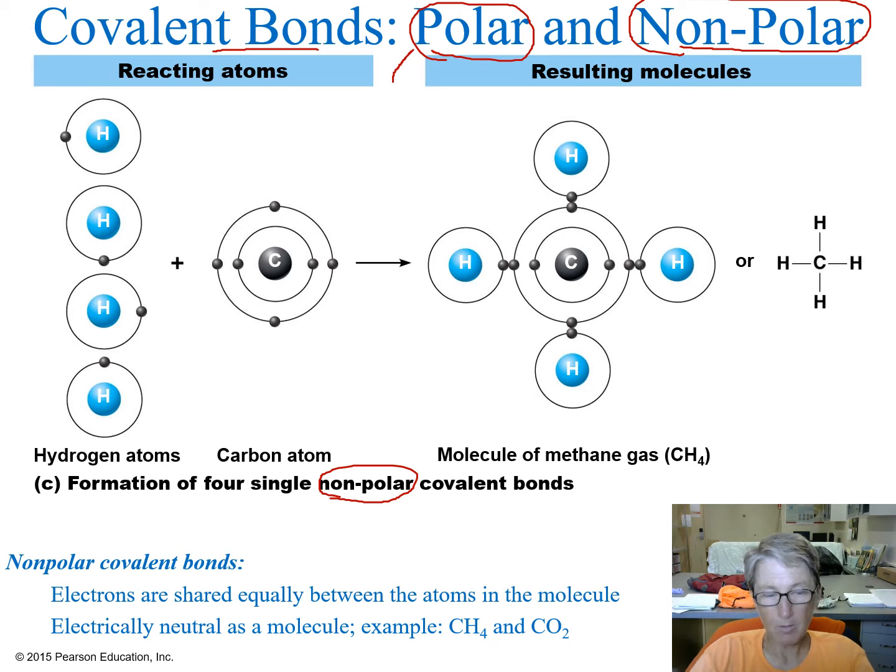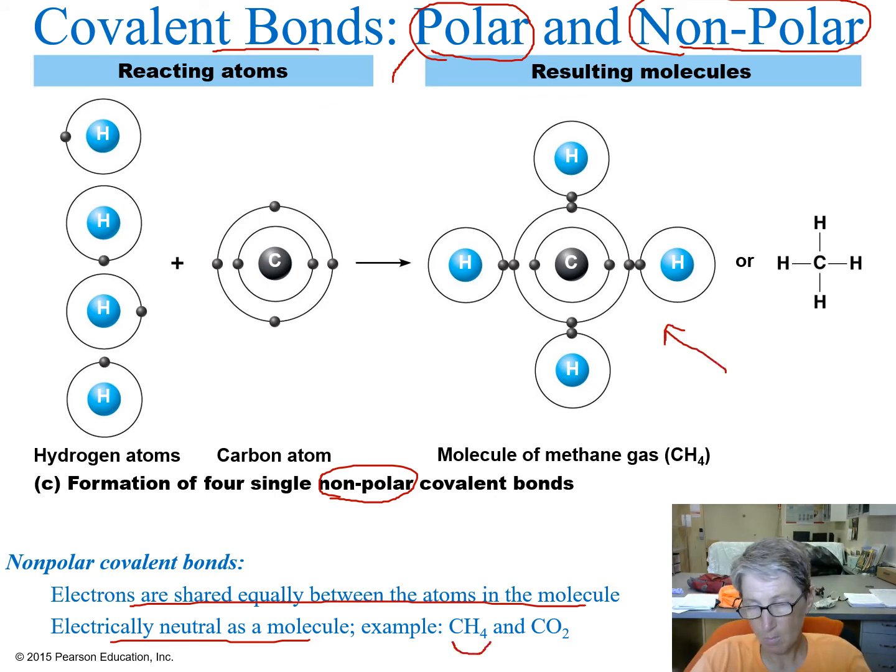Non-polar is equal sharing. In non-polar covalent bonds, electrons are shared equally between the atoms in the molecule. But we didn't say this yet. Non-polar covalent bonds result in an electrically neutral molecule. So, for example, methane. There's no positive or negative charge on methane. Carbon dioxide. I think I have a cartoon of that.